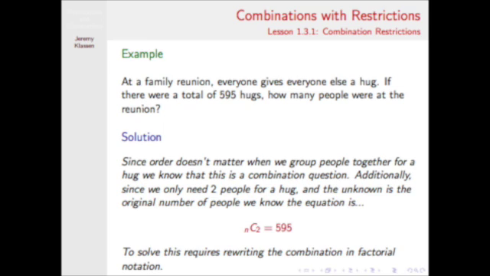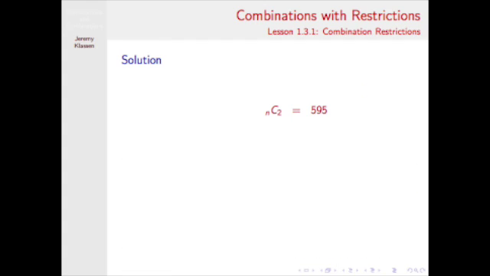And to solve this, we simply need to rewrite the combination in factorial notation, which will make this one a little bit simpler than the one that we did previously. So we start with n choose 2 is equal to 595, which, as before, can be rewritten as n factorial over n minus 2 factorial times 2 factorial equals 595.